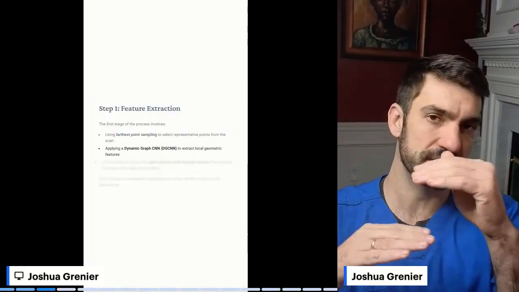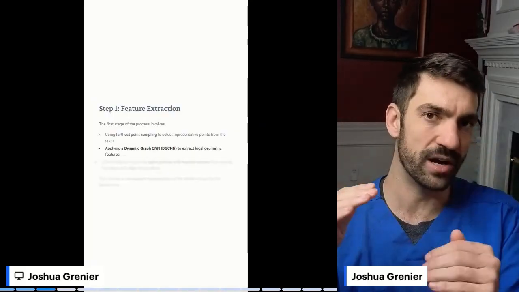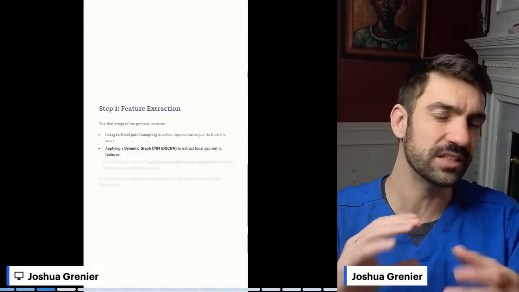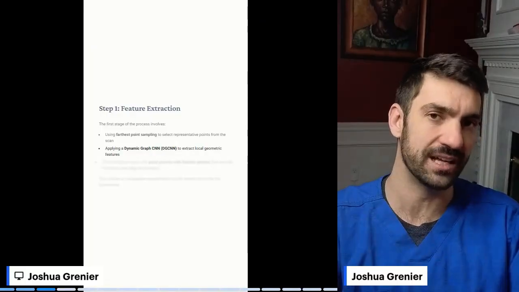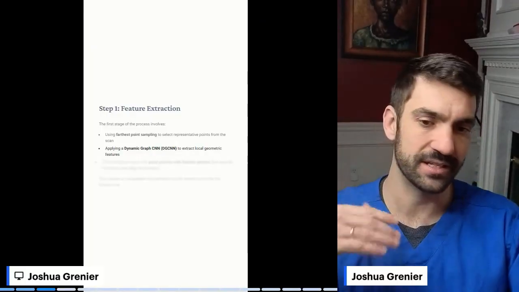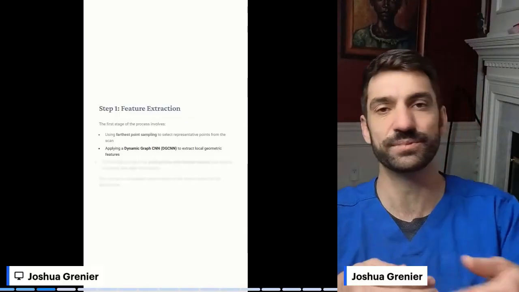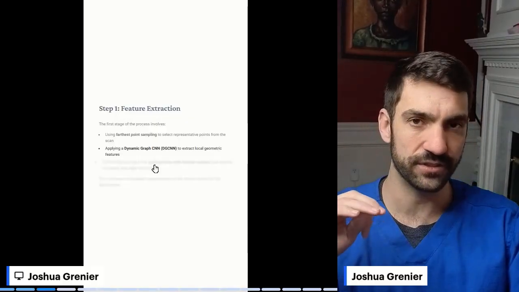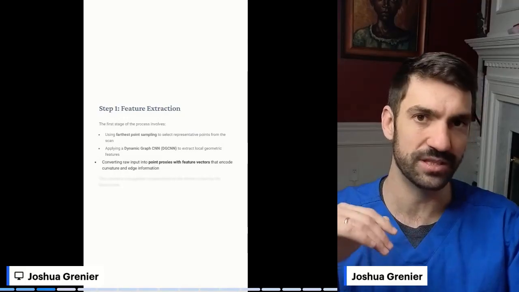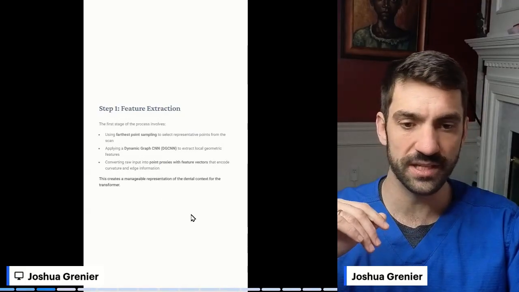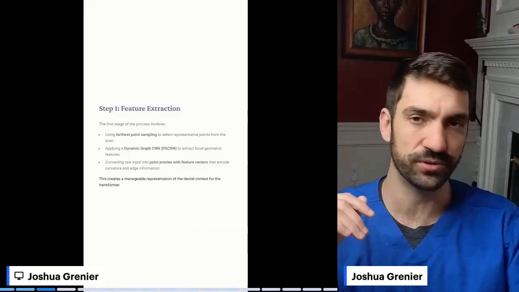And what this does is continually and stepwise create, instead of individual points, essentially individual shapes or commonalities. So again, we can understand that as cusps or similar local features, which greatly simplifies the amount of work that we have to do later, because we're just dealing with fewer points and fewer features. So the idea is this makes it more manageable down the road.